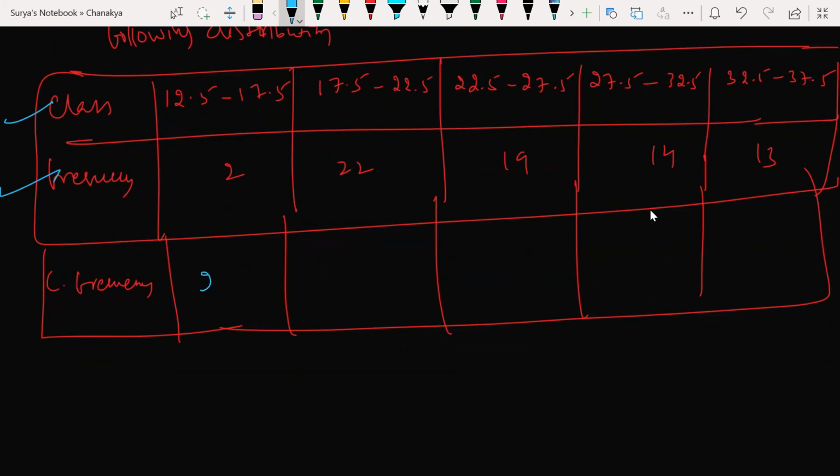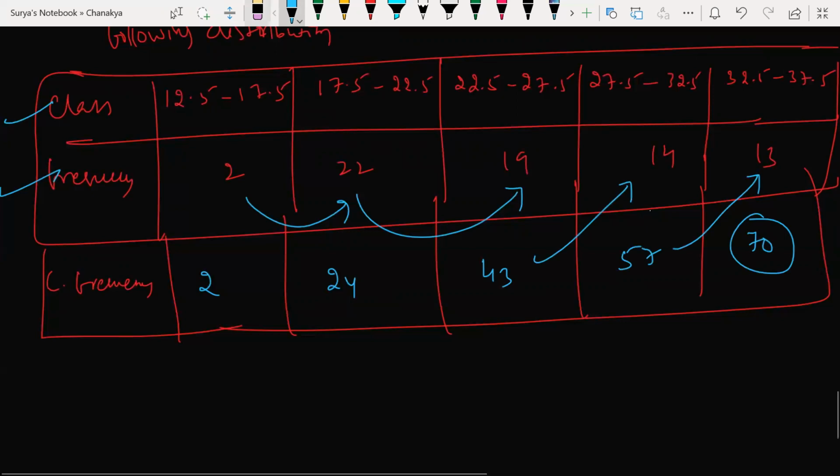Cumulative frequency is just 2 plus 22, how much? 24. 24 plus 19, how much? 43. 43 plus 14 is 57. 57 plus 30 is 70. This was your answer. Understood my point, guys? Yes, sir. Hope it is clear. Basic thing.